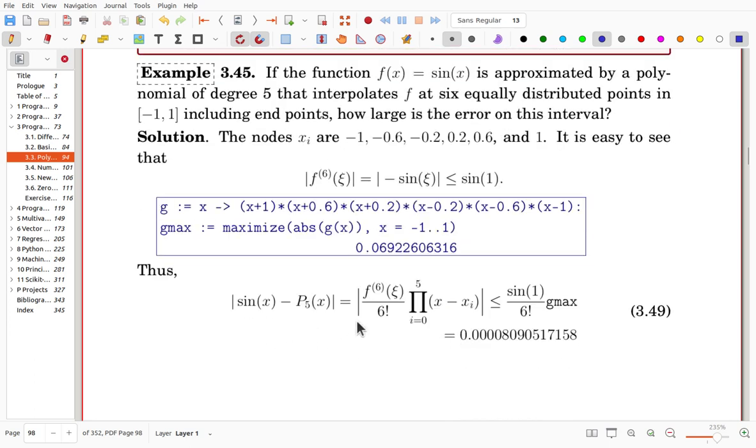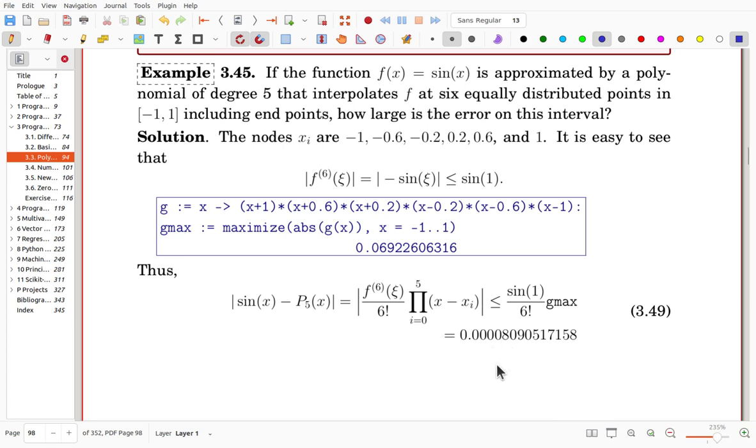So the difference is bounded by sine 1 over 6 factorial times this maximum value, which we have here as g max. If we multiply these terms, then we get here 8 times 10 to the minus 5.